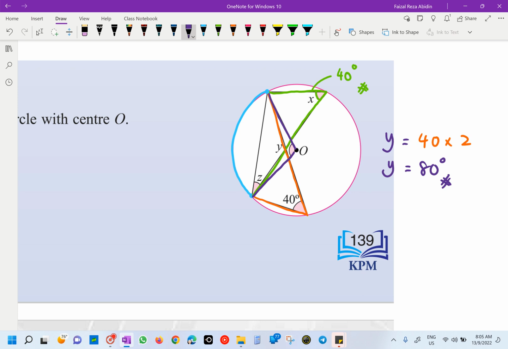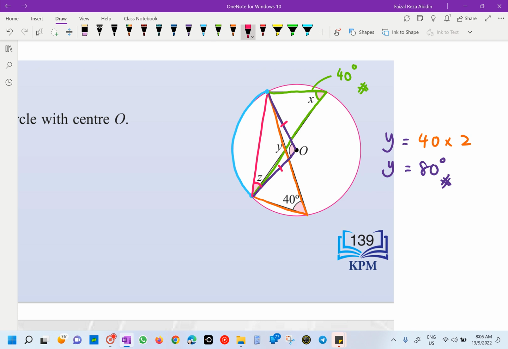Next, how are we going to find the value for the z angle here? Why do you divide by 2? Because if you look over here, girls, from our center here, this is going to be our radius.